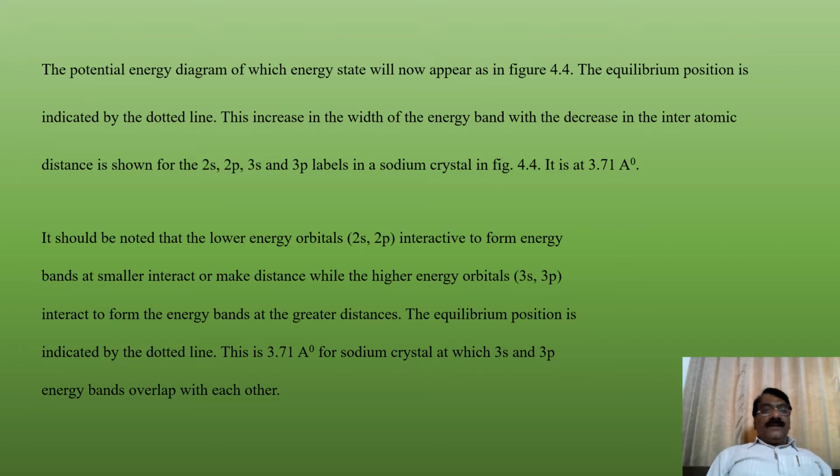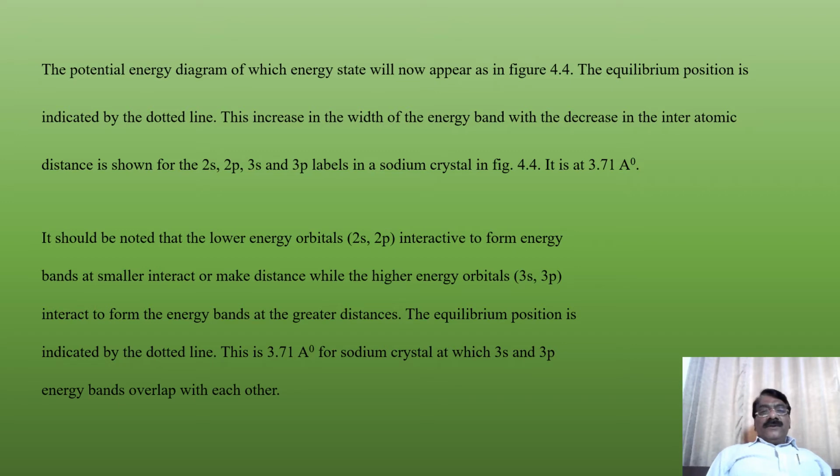It should be noted that the lower energy orbitals 2s and 2p interact to form energy bands at smaller interatomic distance, while the higher energy orbitals 3s and 3p interact to form the energy bands at a greater distance.